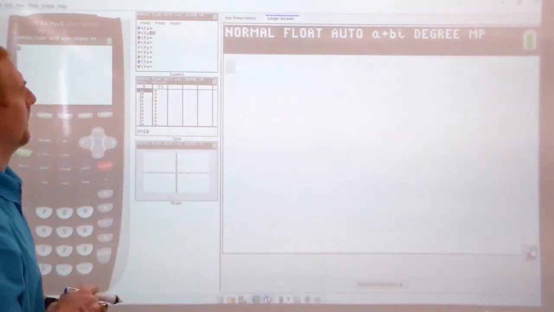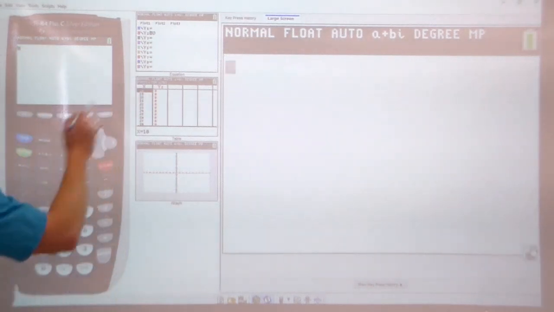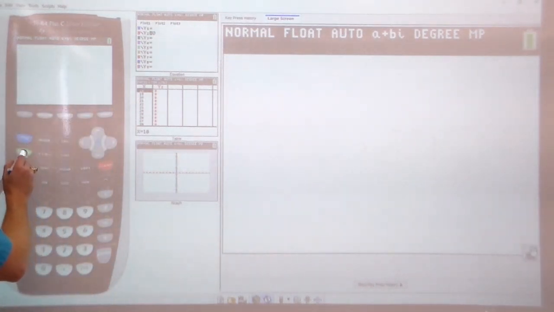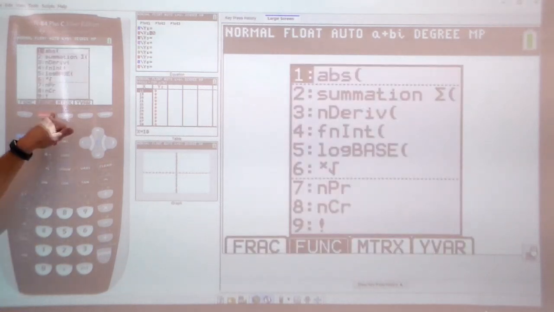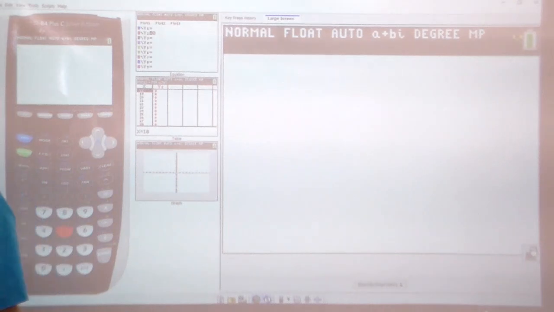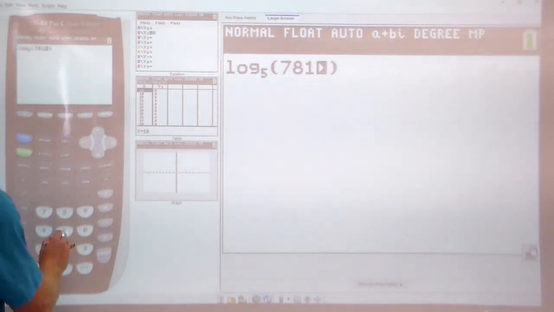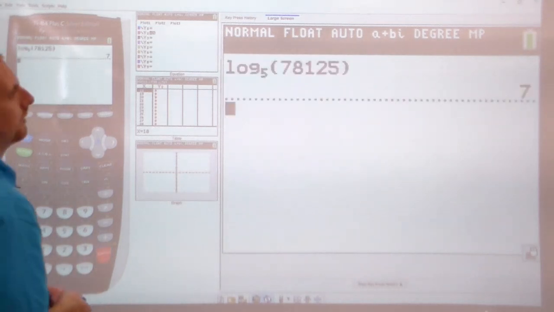If you have an older calculator or a different brand, you may have to do change of base. But if you've got the 84 or better, if you do alpha and window, which is the F2 menu, and pull up option 5, then I can say log base 5 of 78,125, and we get 7 that way.